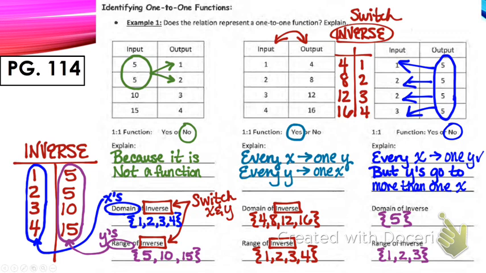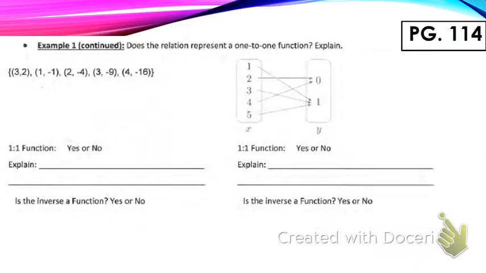All right. Looking down at the bottom of the page, there's some different visual representations of relationships. We can take these different representations and put them in a table if we want to, or we can look at them like this right here. I want to make sure that every x has only one y to see if it is a one-to-one function.